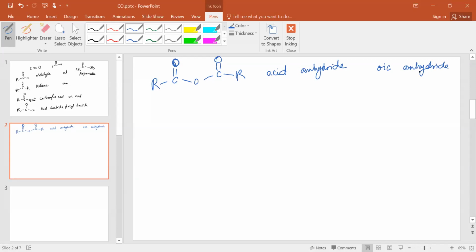Another one is not common, and you will see it more in biochemistry. Here you see an acyl group, acyl phosphate.